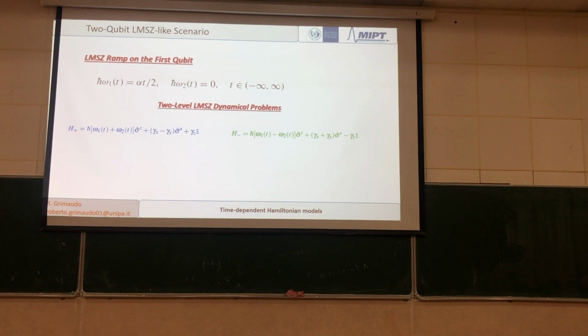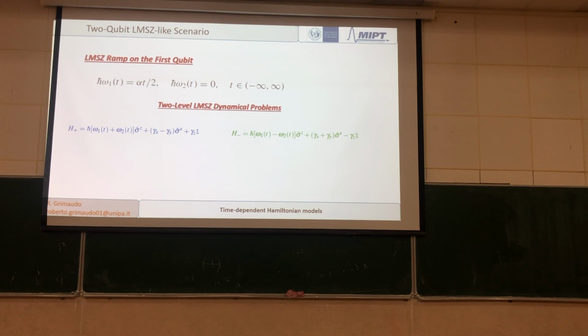So we can now analyze a specific time-dependent scenario. We studied a scenario in which we have a magnetic field on the first spin 1/2, linearly varying in time, like in the Landau-Zener case, and the second spin is completely free from any field.